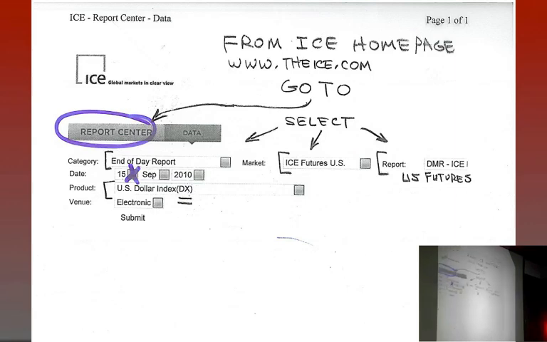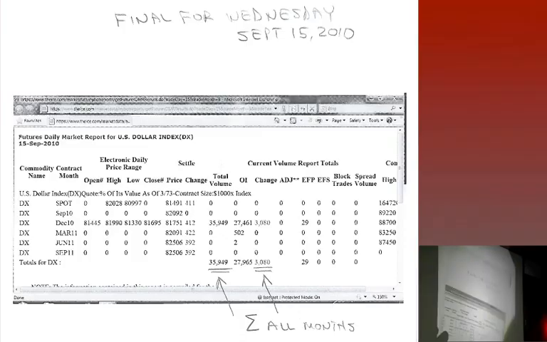Okay? So I shouldn't have to teach you where to get all of this. It's all there, and then the final, when it came out this morning, I don't have it written down right now, but when would you guess that the final would be out? Around 8:30 Chicago time.